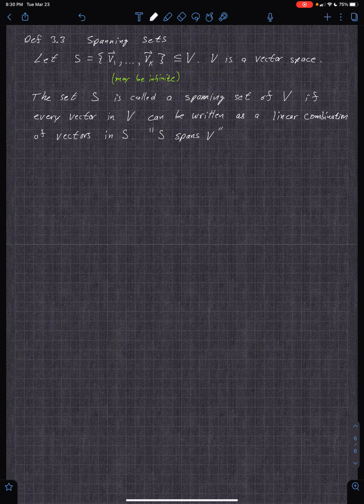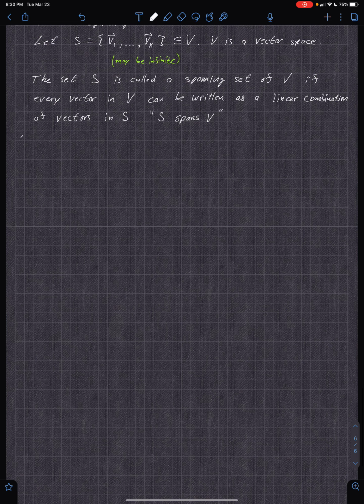So let's look at, actually we're carrying on that same example above. Let's consider polynomials of degree 2 or less, as before.